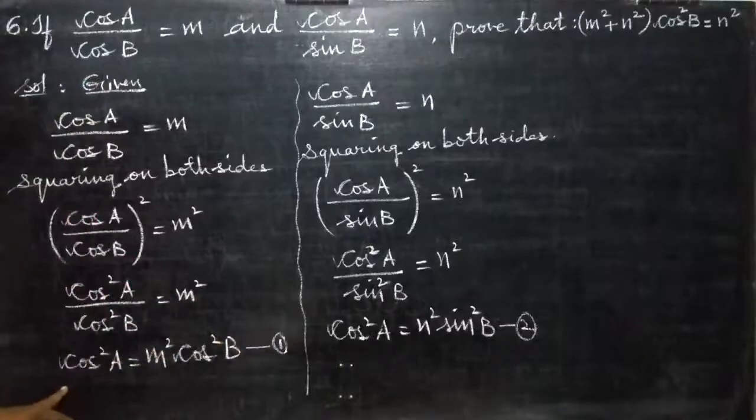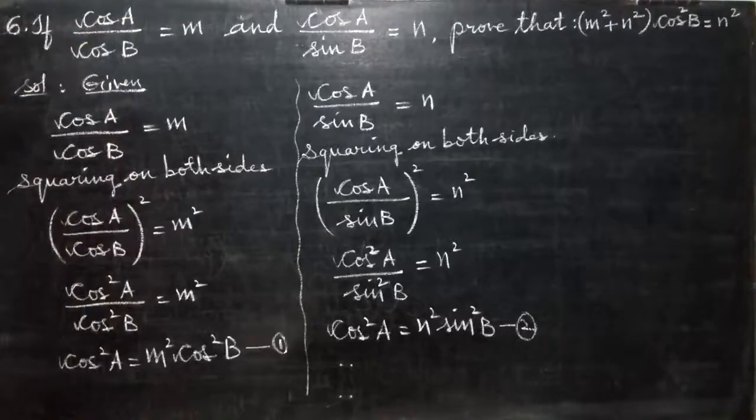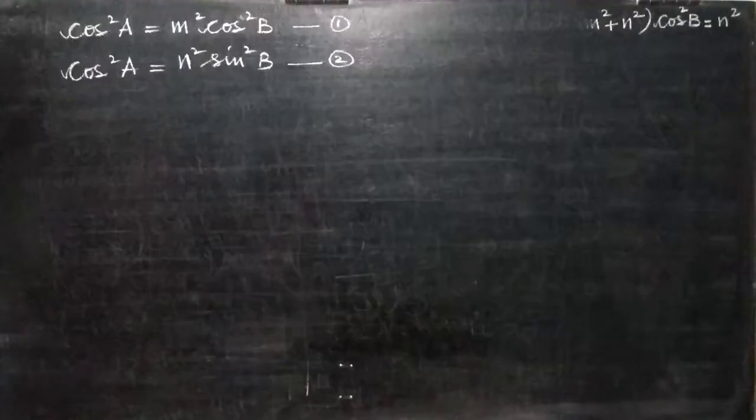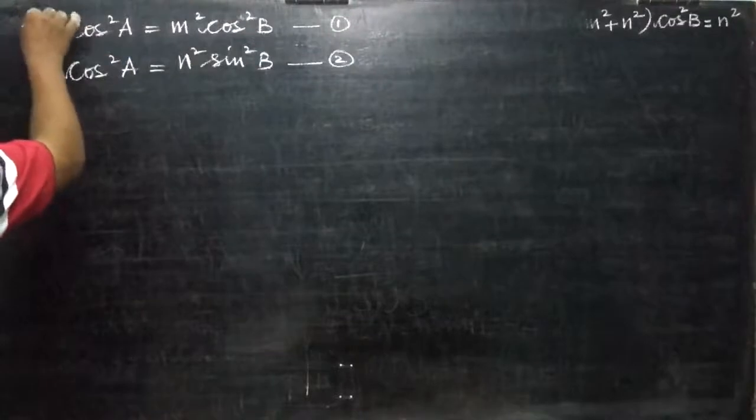Equation 1, equation 2. Here both LHS and RHS you are seeing. Now simplify. We should get m square plus n square. Equating equations 1 and 2, we will do. Now we got two simultaneous equations. Subtract.